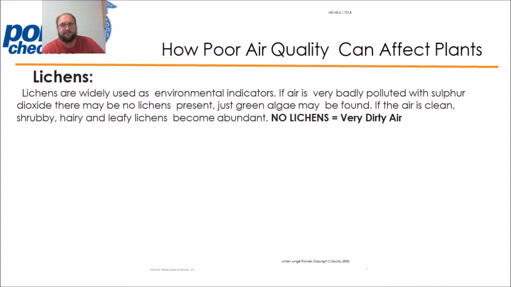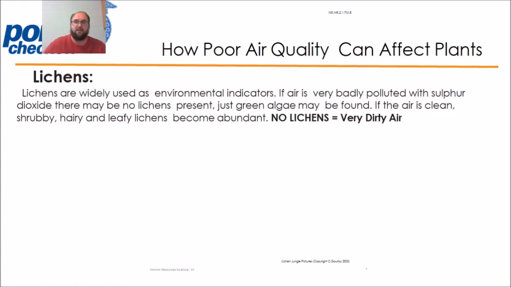Lichens are just a natural little plant that thrive off of good air quality. So just like green algae might be found. If the air is clean, shrubby, hairy, and leafy lichens will grow abundantly. If there's no lichens, then you're most likely dealing with very dirty air.